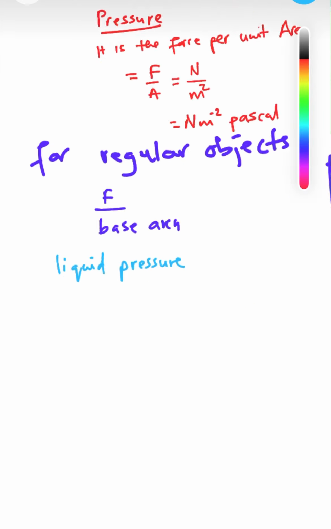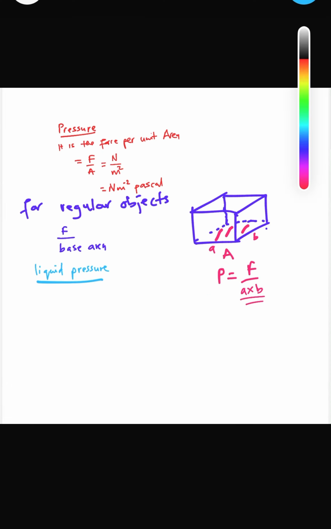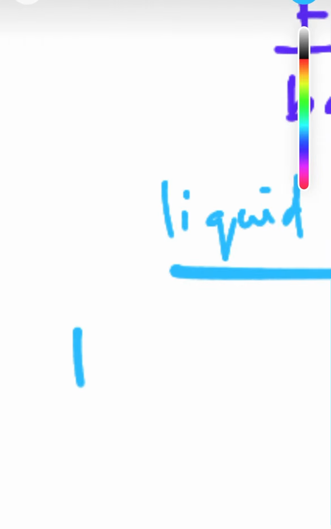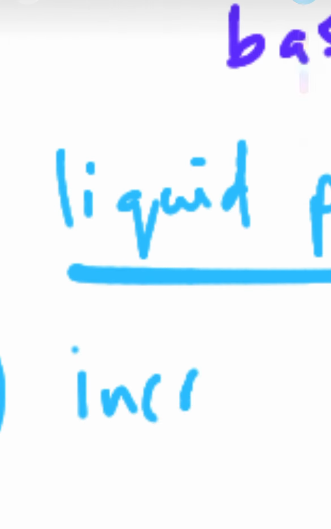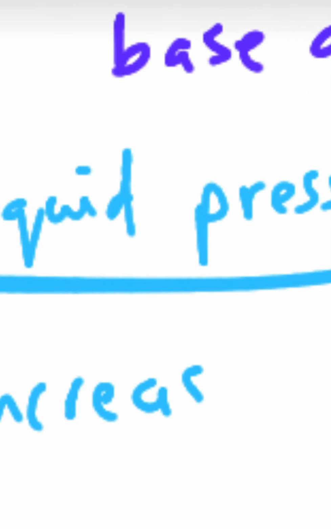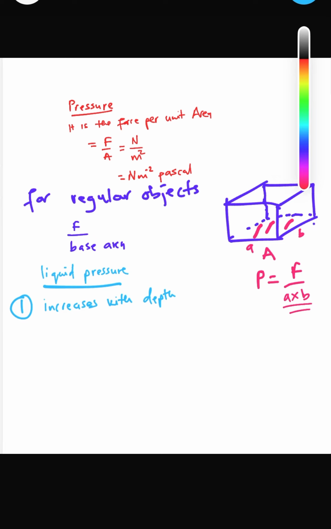So under liquid pressure, the pressure of a liquid has got principles. Principle number one: the pressure of a liquid increases with depth. This is what it simply means.